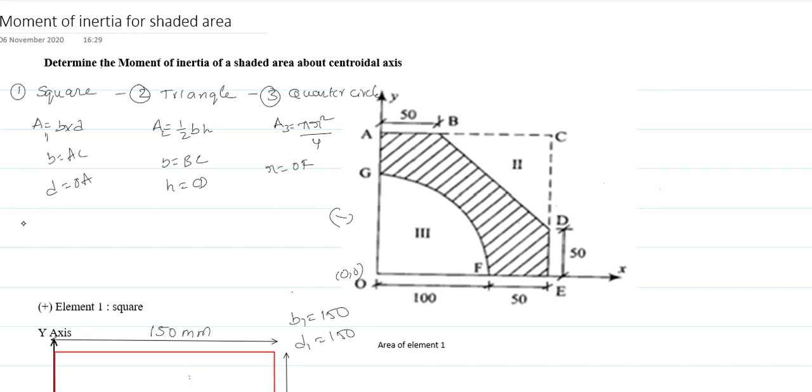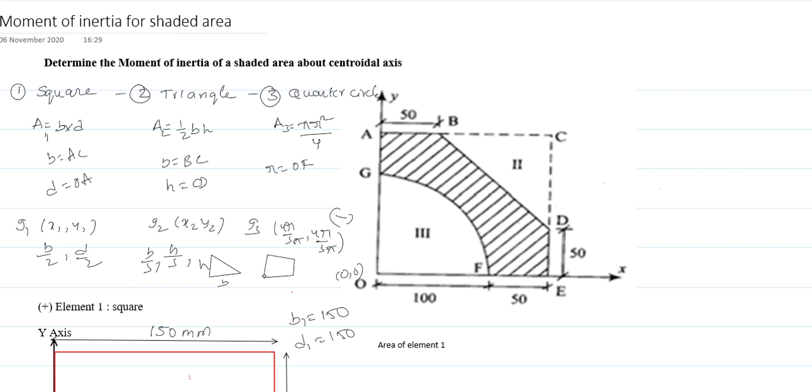Similarly, we must know the formula of centroid, that is G1, G2, G3. G1 is nothing but the center of element 1. So for the rectangle element, center x1 comma y1 is equal to b by 2 comma d by 2. Similarly, x2 comma y2 for the triangle, the centroid formula is the general formula, h by 3 comma b by 3, for any triangle of base b and height h. And the centroid of the quarter circle is 4r by 3 pi comma 4r by 3 pi, where r is the radius of the quarter circle.